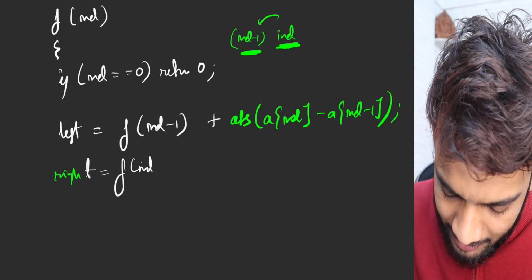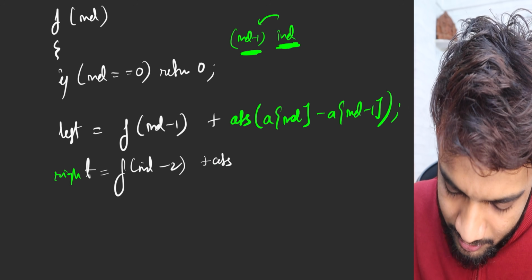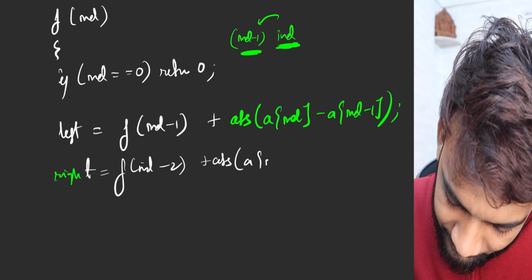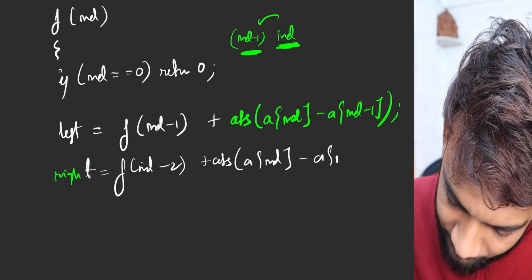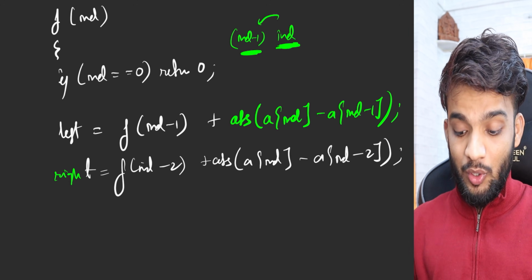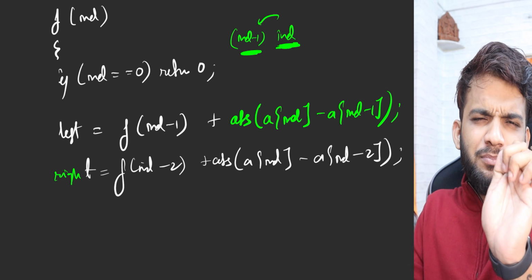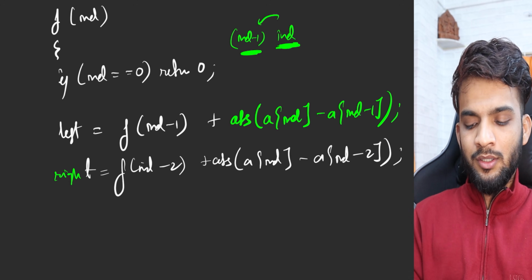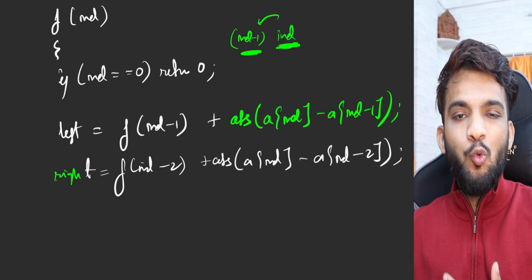It will be, if I take a couple of jumps, the costing this time will be a of index minus a of index minus 2. Absolutely makes sense. So I've done all the stuff, but I need to be slightly careful. Can I do an index minus 2 always?